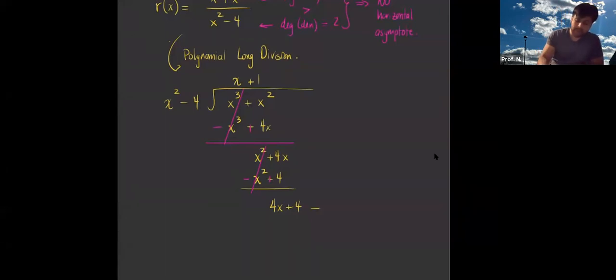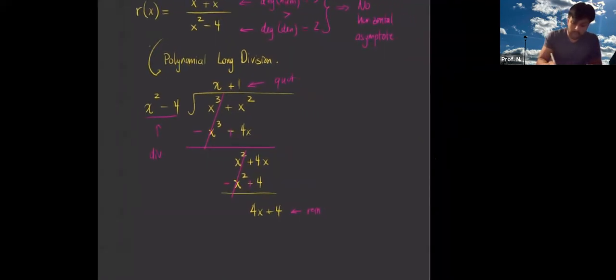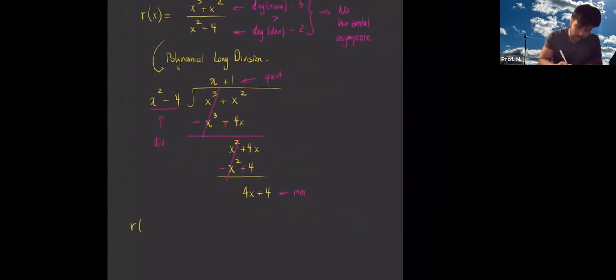Why do I stop? Because now my degree is smaller than the divisor. So this is here. This is my remainder. This here is my quotient. And this here is my divisor. Correct? So what can I do now? I can rewrite r of x as x cubed plus x squared over x squared minus 4.